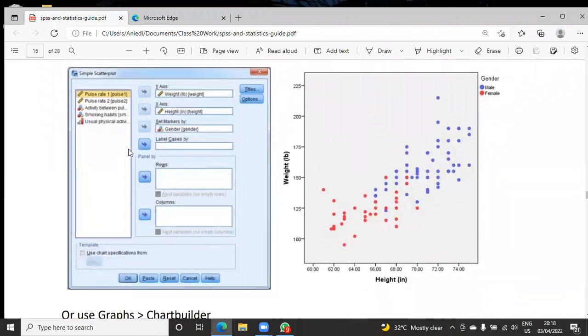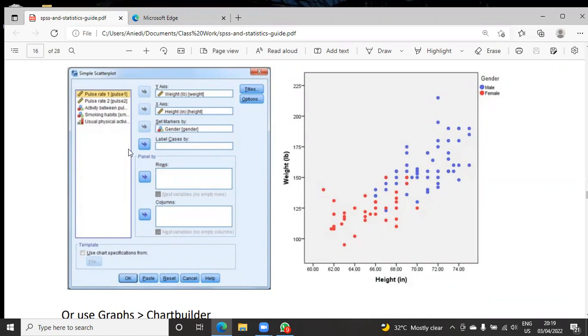You can notice from the graph that in terms of weight, the male tend to be heavier than the female. And in terms of height, even the male tend to be taller than the female.